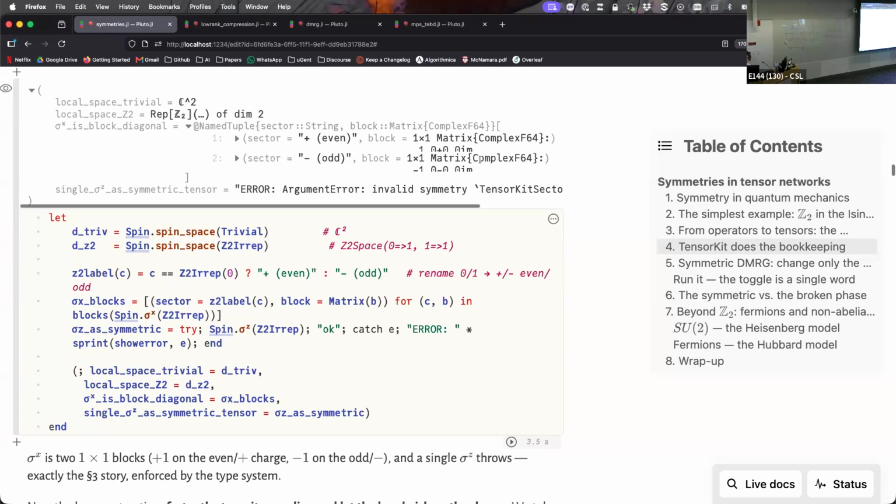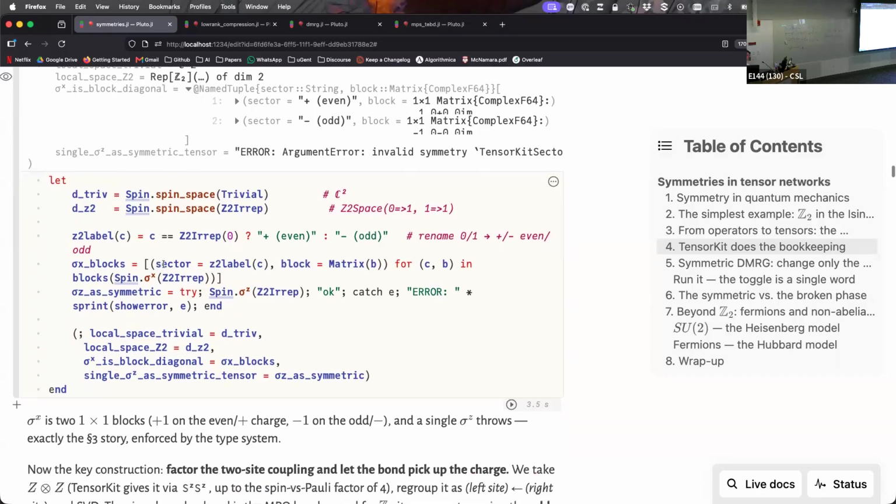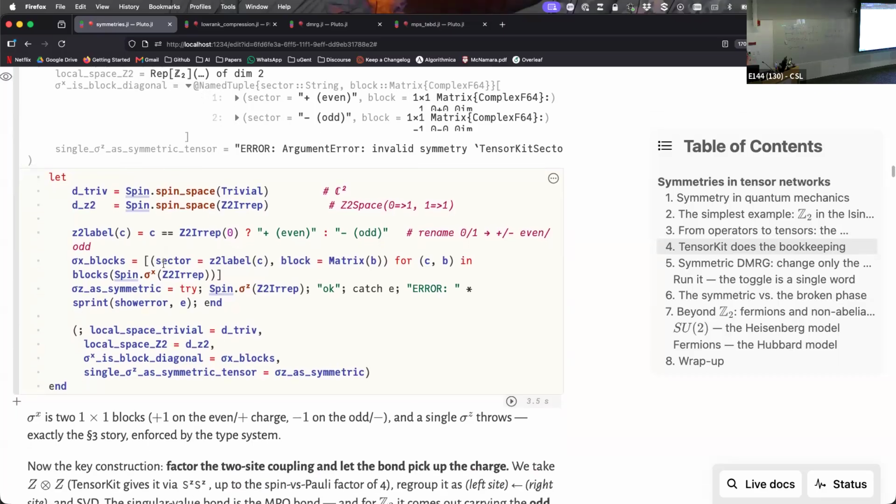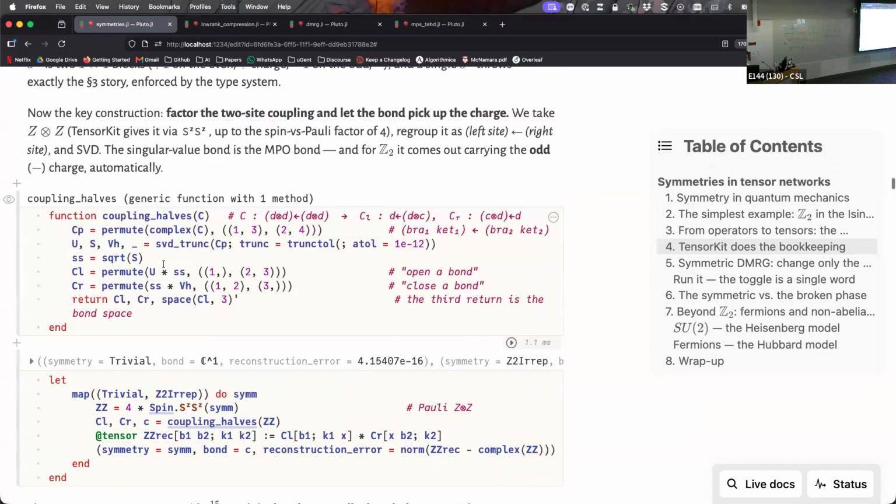You can look at the different operators there. Interestingly, you cannot ask for the Z operator in the symmetric basis because of course it's not actually symmetric. You need two of them in order for them to become a symmetric pair. Yes, did you have a question?